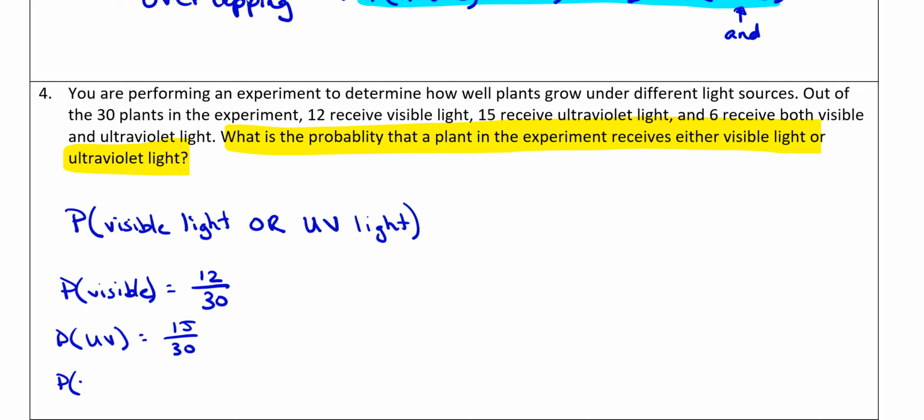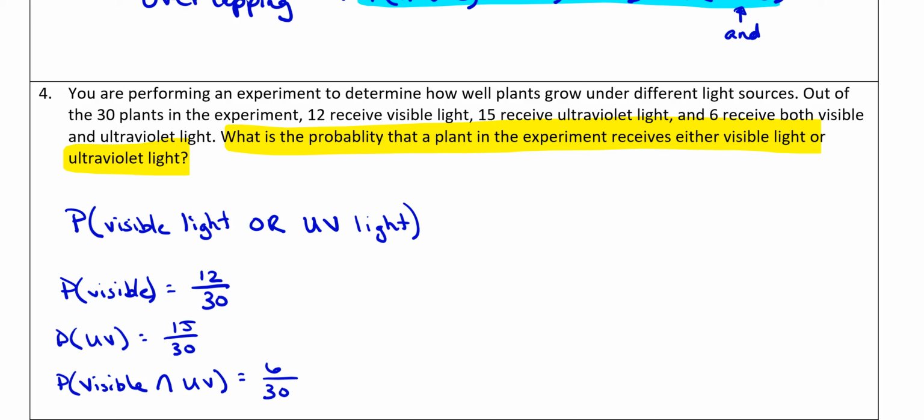And then the probability of visible and UV, right? This is and, is going to equal 6 out of 30.